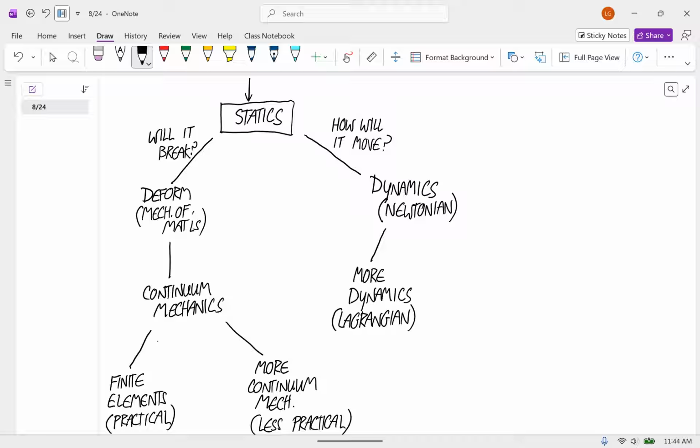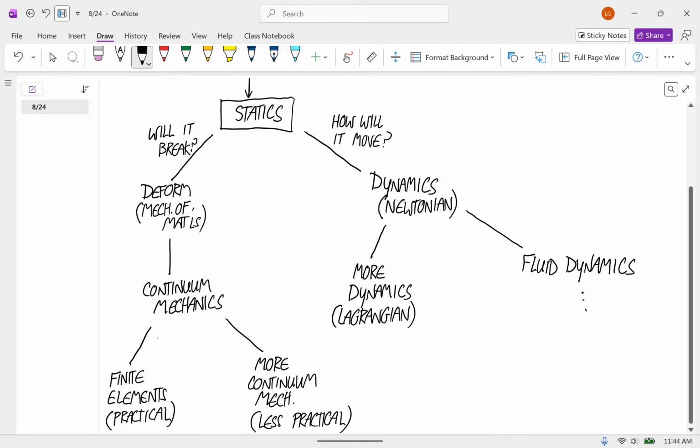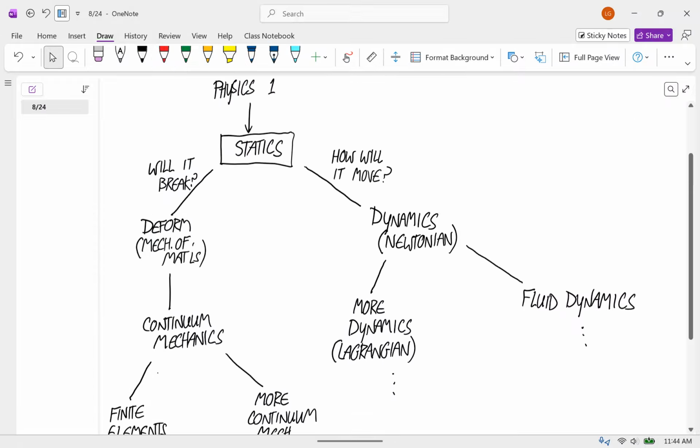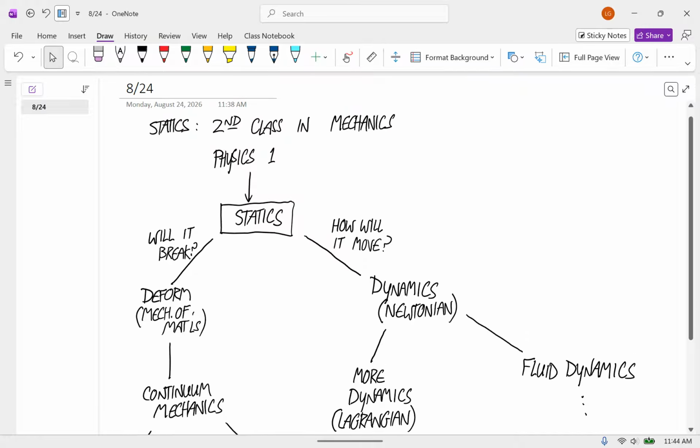And then from dynamics, you also branch out here into fluid dynamics. And fluid dynamics is a whole field unto itself. And all of these go on after, but this is a pretty good start of where you could go if you just keep taking mechanics classes.